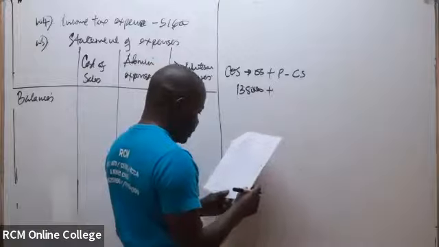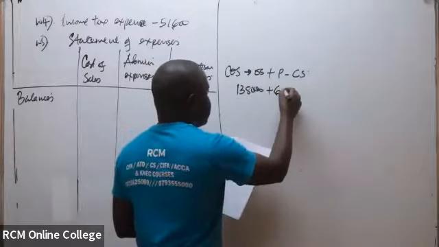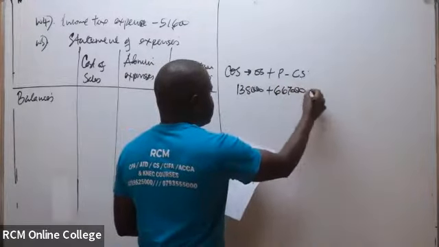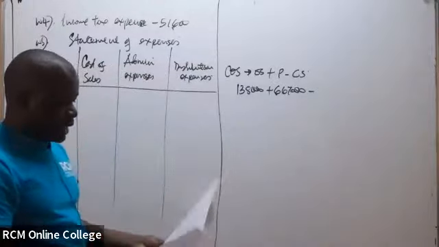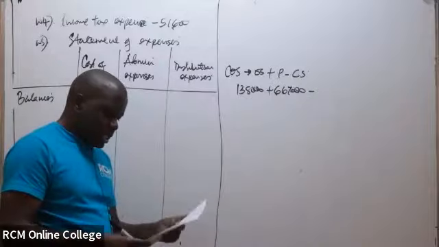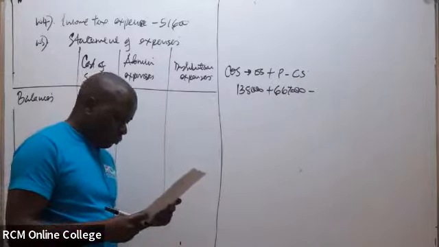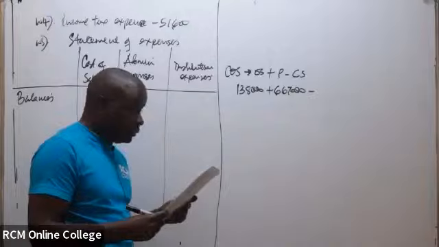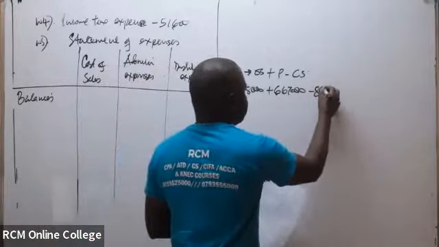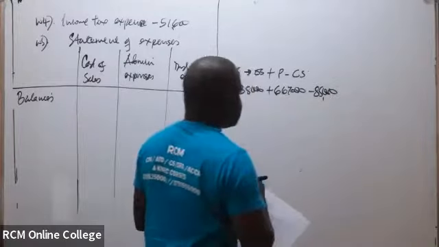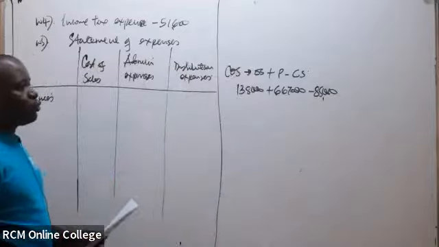You add the purchases, which is 667,000. Then we less what you've been given as the closing inventory in additional information number 5, which is 85,000. So try to do the computation. What do you get?